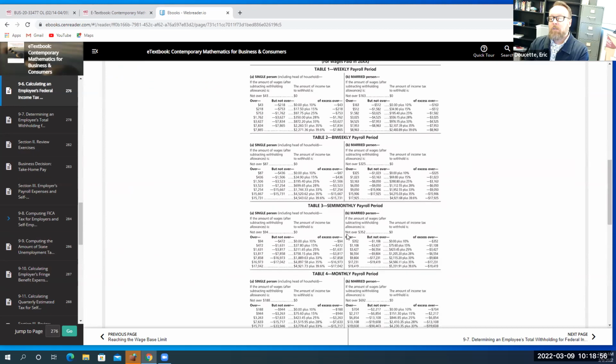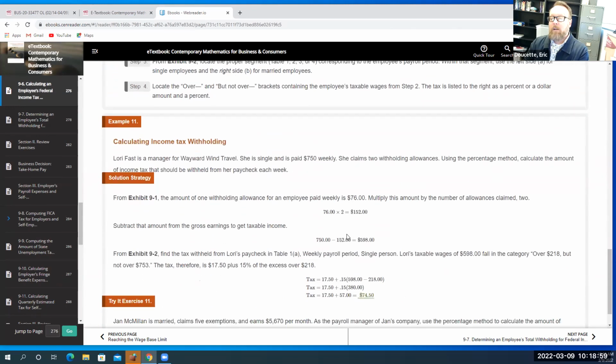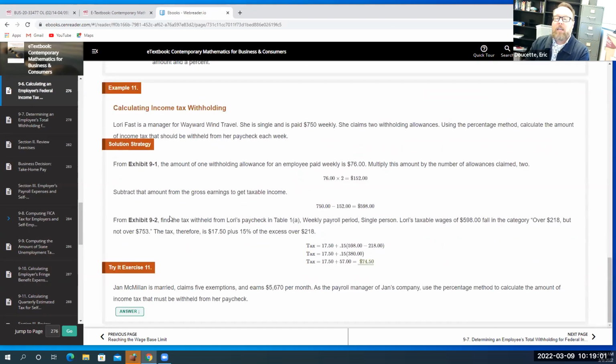Okay, so we're going to scroll down, and this problem's already worked out for us. So she gets right here, it says find the table. So she's weekly single. So 598 falls in the category of over 218, but not above 753. So her tax is 1,750 plus 15% of everything over $218. So the book wrote it out this way: 1,750 plus 15% of 598 minus 218.